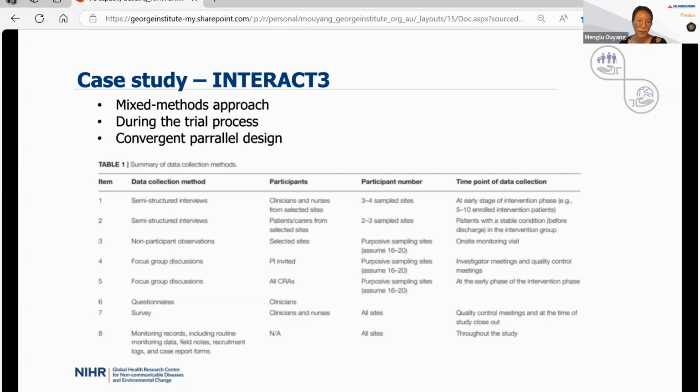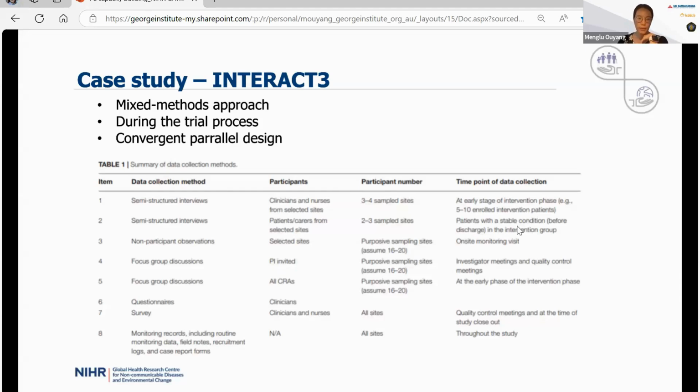So we collected data during the trial processes. As you can see, the data collection spans multiple time points. It includes interviews with both clinicians and patients, collected at the early phase of the trial to understand the barriers and how we can better improve implementation.